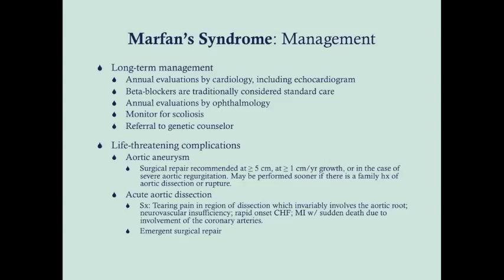If this cuts off the cardiac arteries, this is going to lead to an MI, and that can lead to sudden death. So this affects the coronary arteries. Remember that those coronary arteries are the very first arteries that come right off the aortic root. So if that's affected, that's going to cause an MI. And obviously the treatment for this is emergent surgical repair.